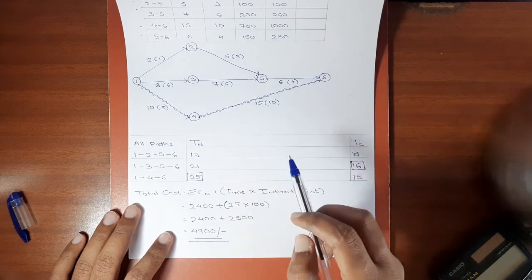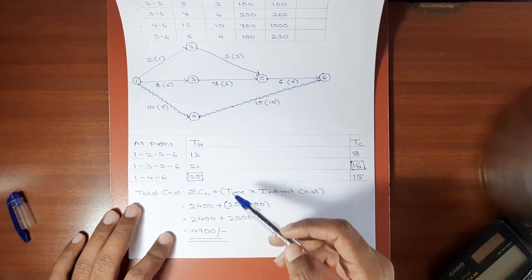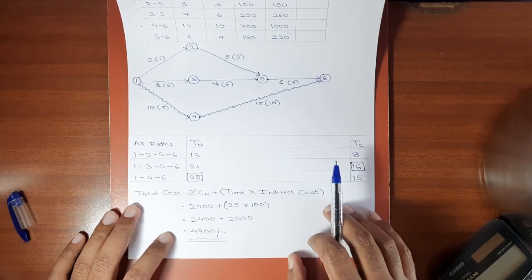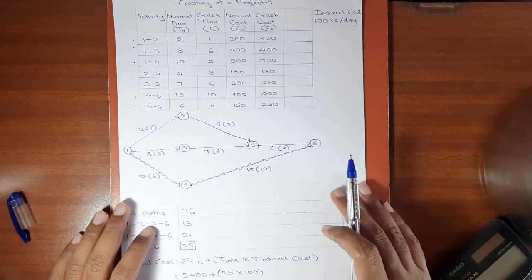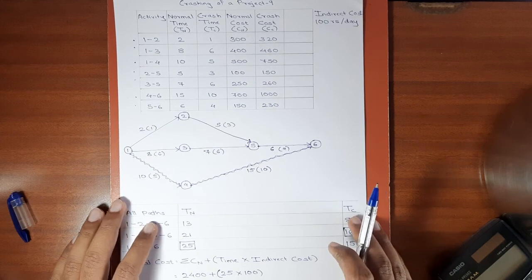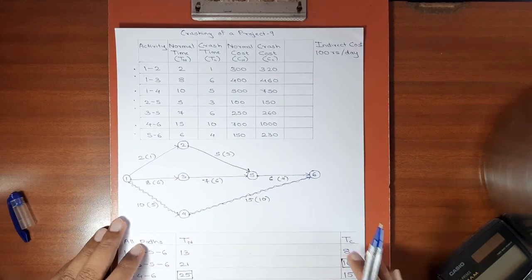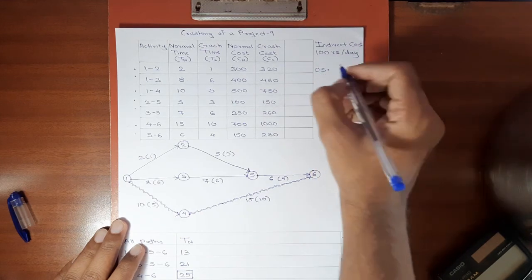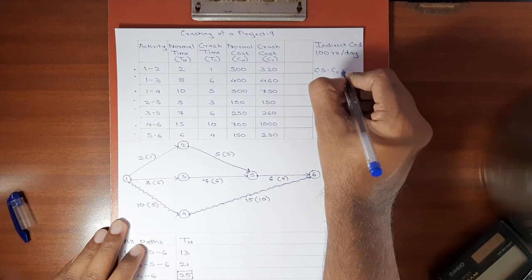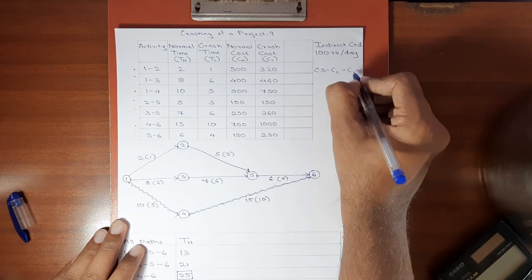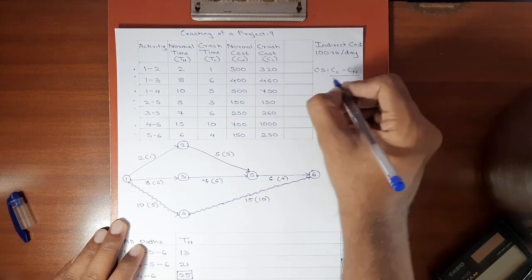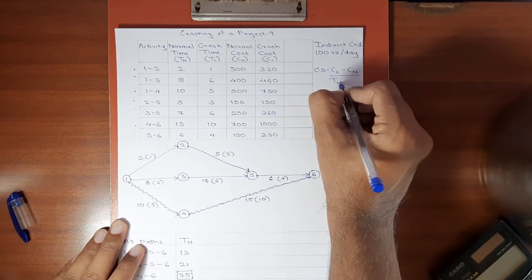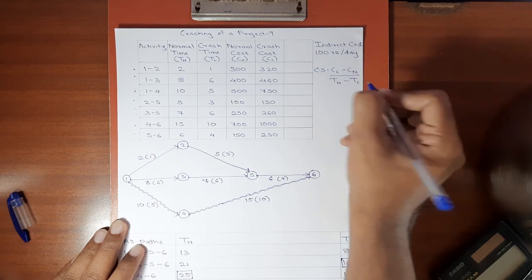We have the network diagram, we have the critical path, we have the total cost of the project. Now we need to calculate the cost slope of every activity. Cost slope is calculated using the formula: cost slope equals crash cost minus normal cost divided by normal time minus crash time.